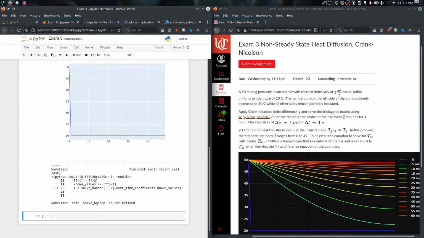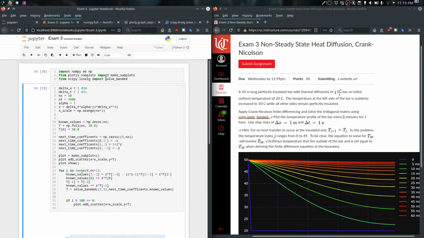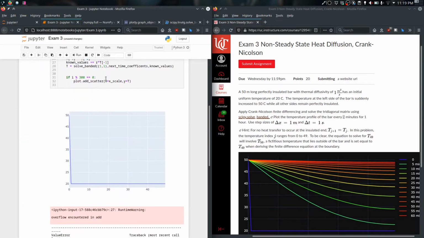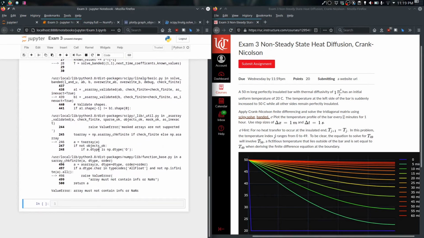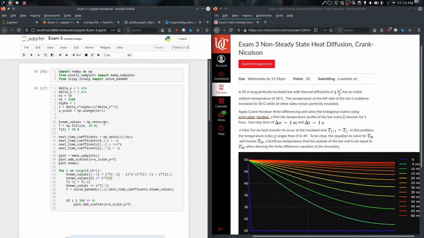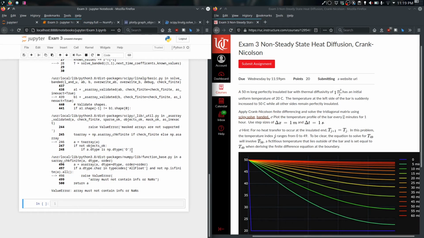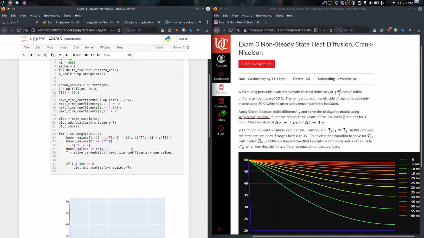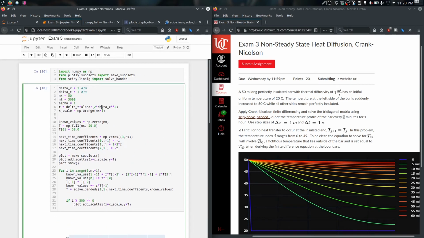Solve_banded. Oh. There we go. It must not include... so it wasn't quite right. We'll change it real quick. So instead of this, it's this. So I fixed it. That's right. So I'm going to debug this for a bit.